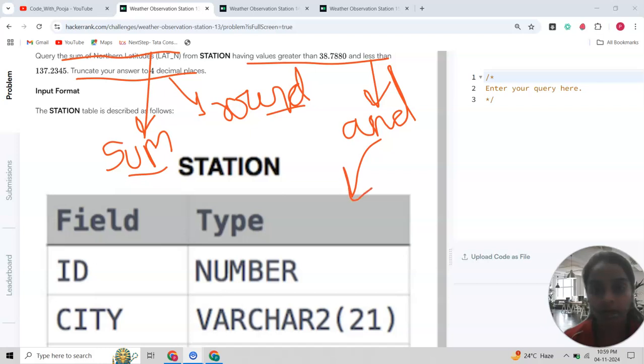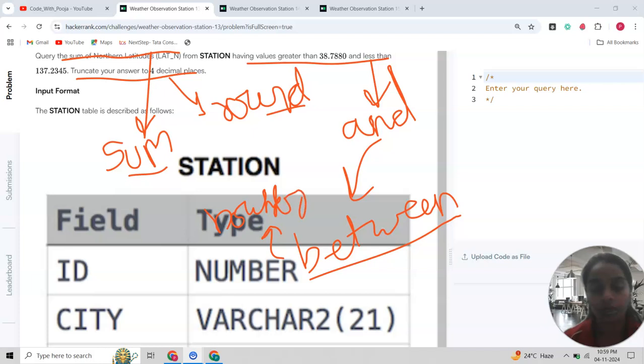Rather than this, I could also use BETWEEN here, but BETWEEN will exclude my boundary, so I will limit it with the AND operator. Okay, so let's continue to coding.